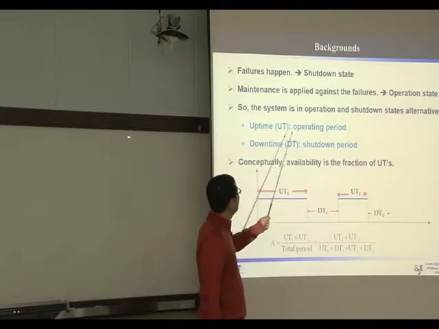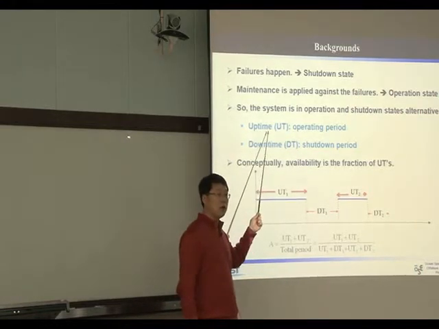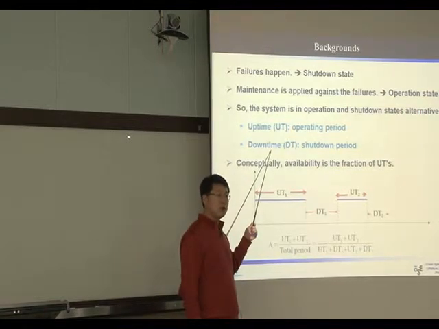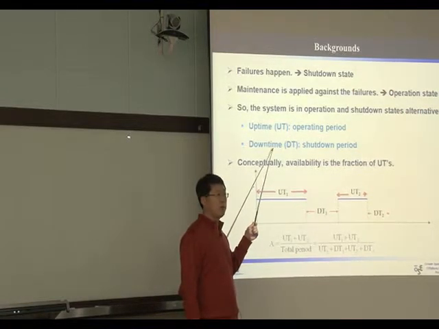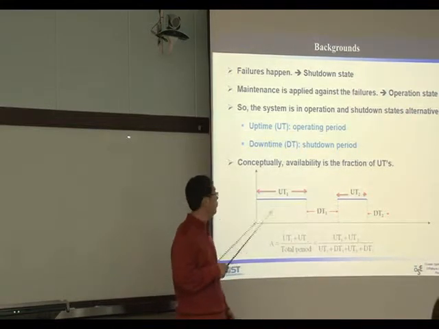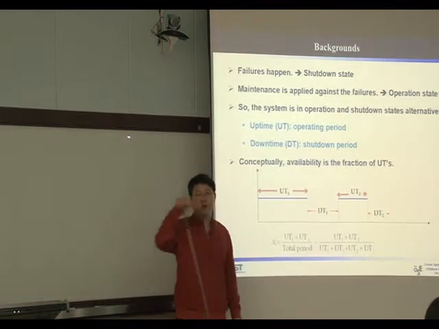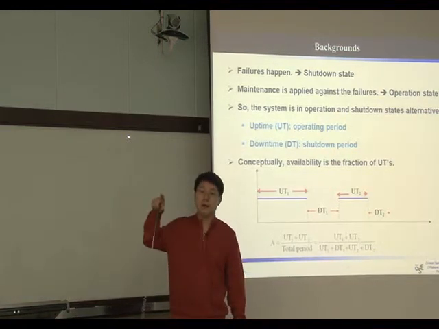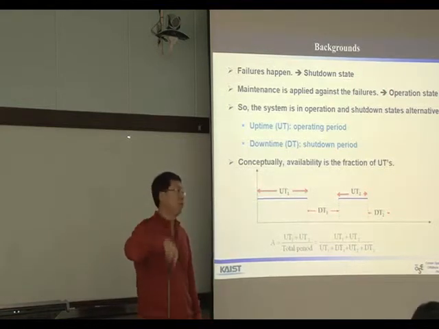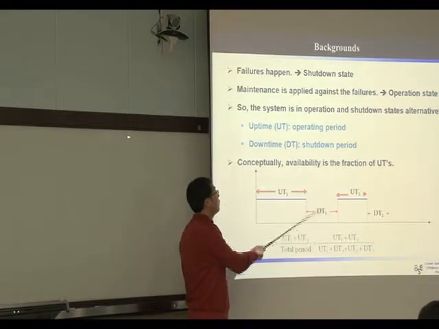The operating period is called uptime, UT. The shutdown period is called downtime. Do you know why we call them uptime and downtime? Because it is related to the production level. During the uptime, the production rate is up, so we call it uptime, and the opposite is downtime.